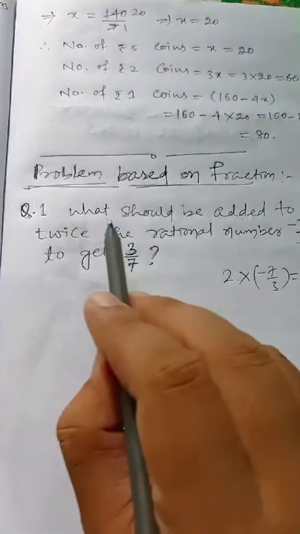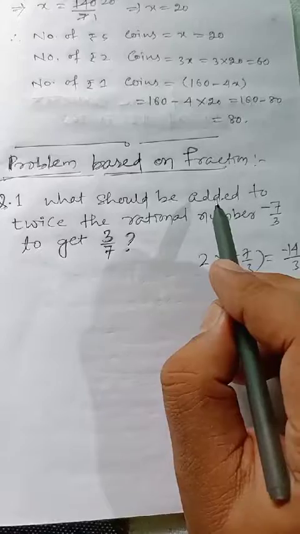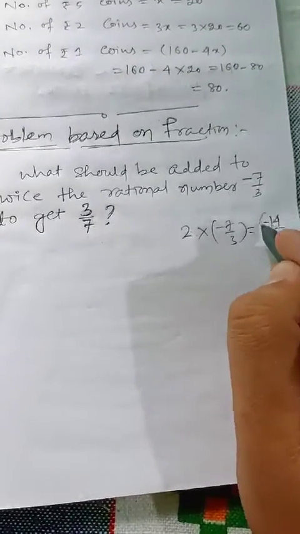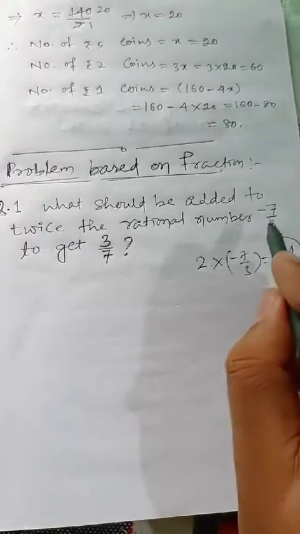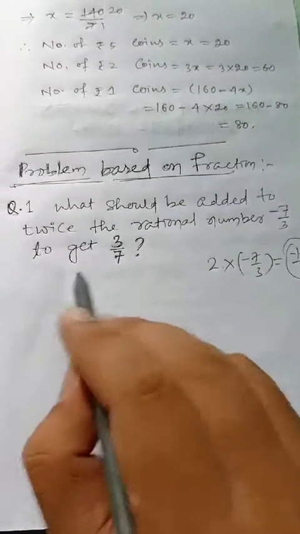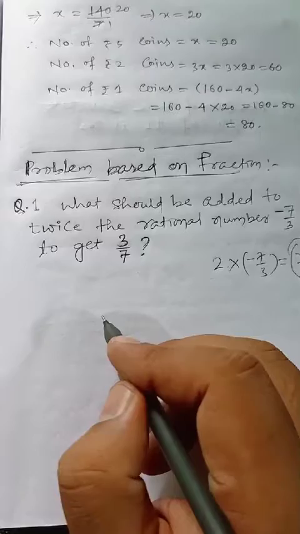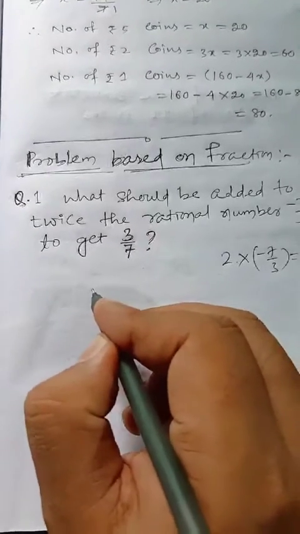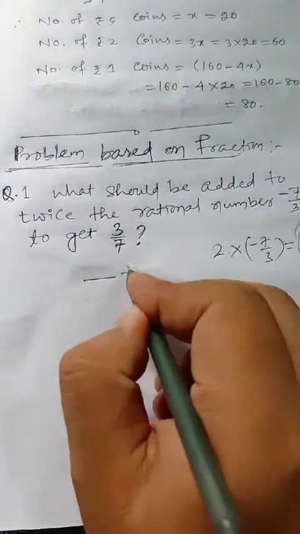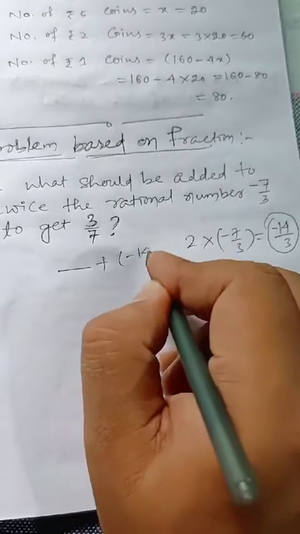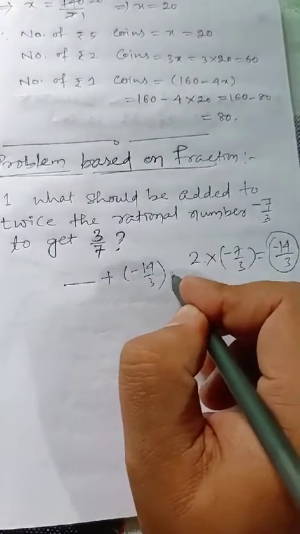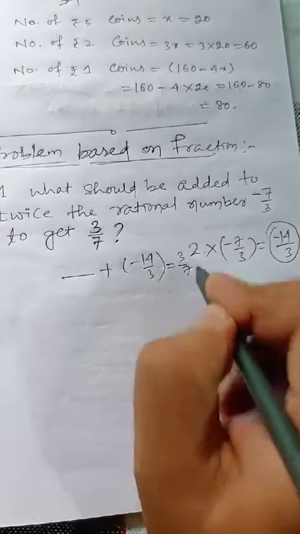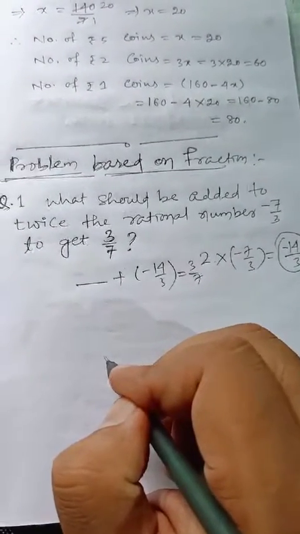Next, what is written here? What should be added to minus 14 by 3, which is twice the rational number minus 7 by 3, to get 3 by 7? So, students, understand the question.